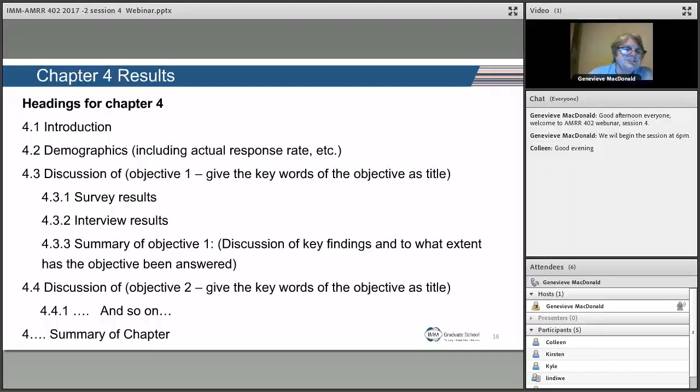Your first section is describing the response rates. Say, for instance, you sent out surveys to 100 people and you only received back 25. I'm looking for the exact figures, but then also convert it to percentages. And if you have asked any demographic information, this is also the section where you describe those demographics.